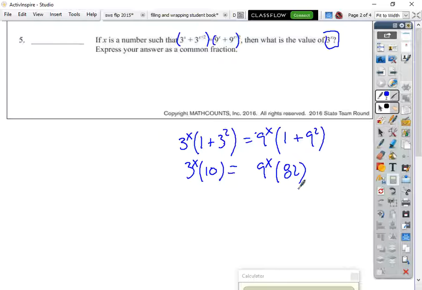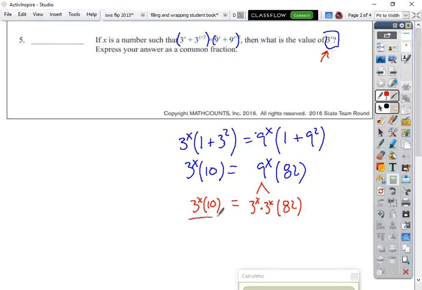And remembering the rules of exponents, I know that 9 to the x can also be written as 3 to the x times 3 to the x times 82. And so now we're really trying to get, based on the problem, just one 3 to the x.